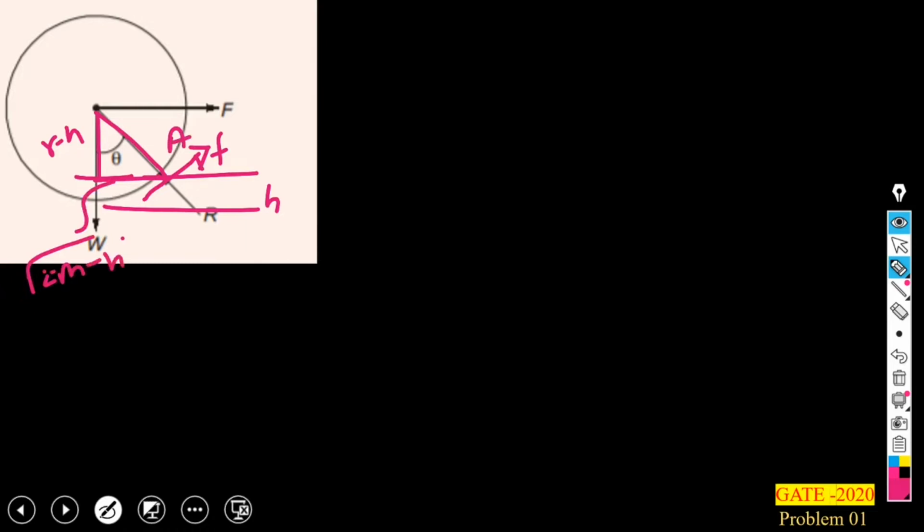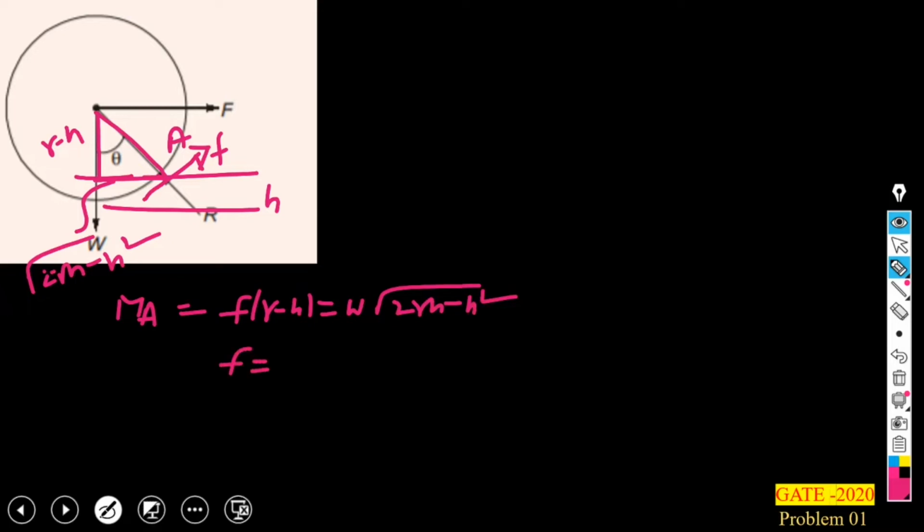Let me take moment about point A. Then f into r minus h is equal to w into square root of 2rh minus h square. Then f is equal to w into square root of 2rh minus h square divided by r minus h.